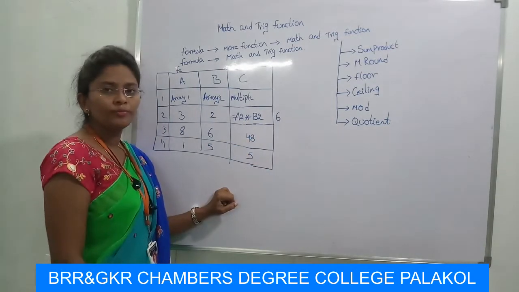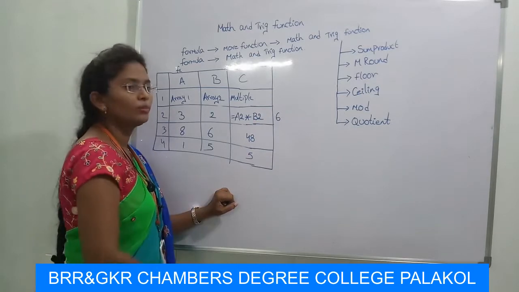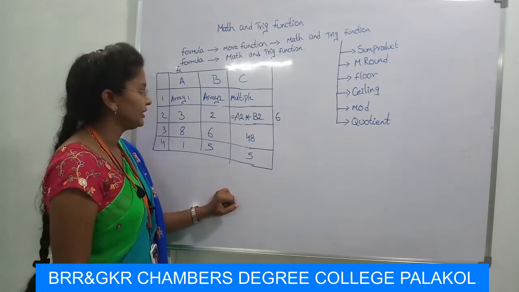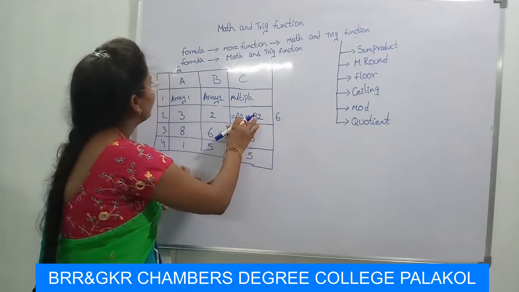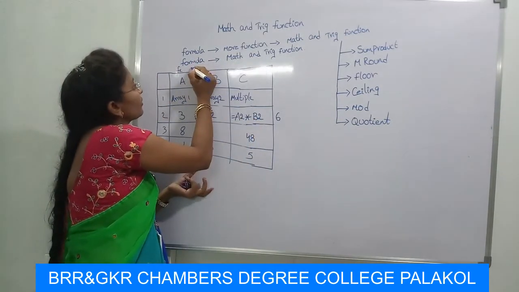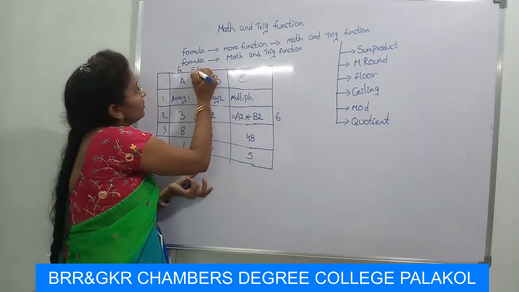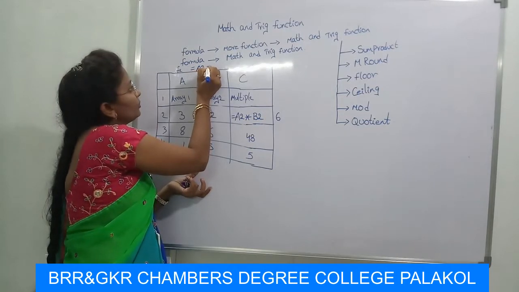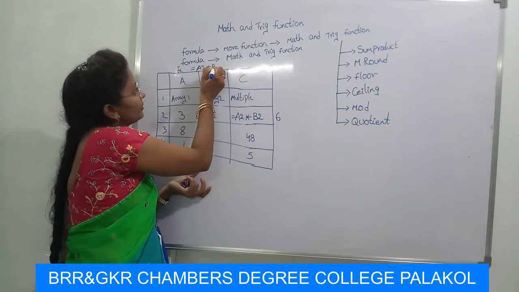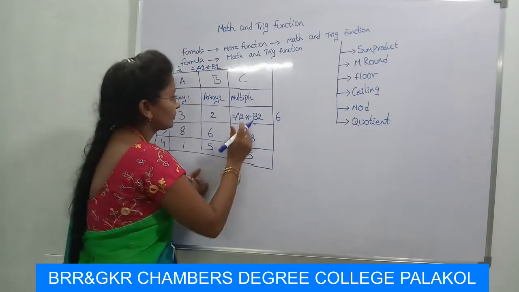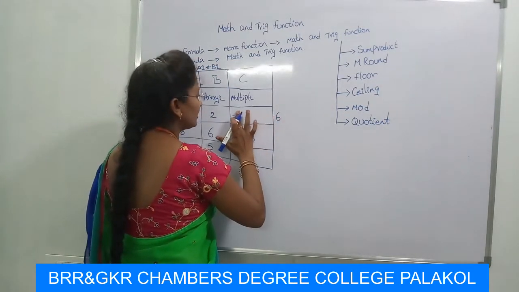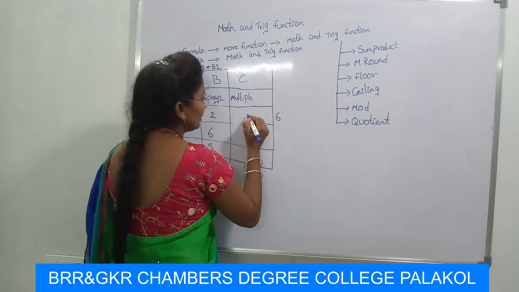This is the way to enter a formula in the Excel sheet. This formula is equal to A2 and B2, and after pressing enter, it will show the result here.